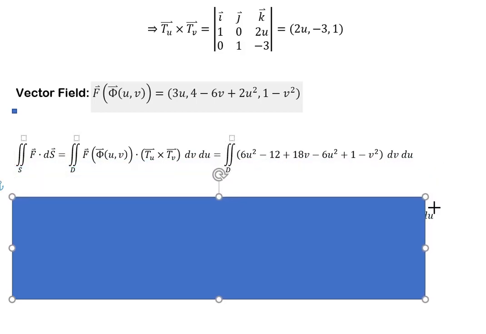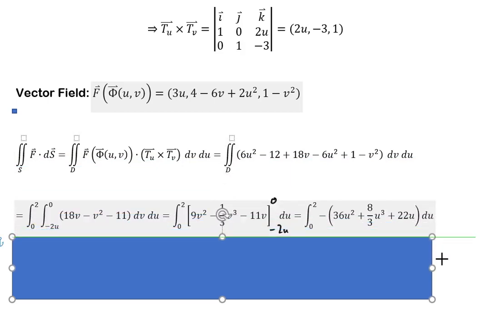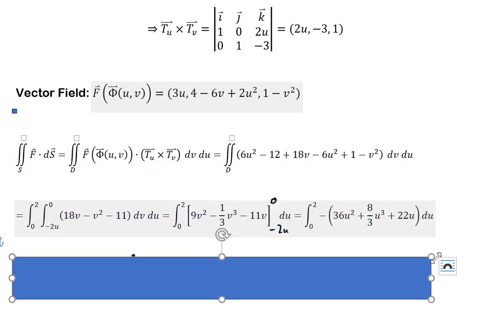That gets us our integrand in our double integral. We find that we can cancel things out, combine some things, and we're left with the double integral: u goes from 0 to 2, v goes from negative 2u to 0, of 18v minus v squared minus 11.